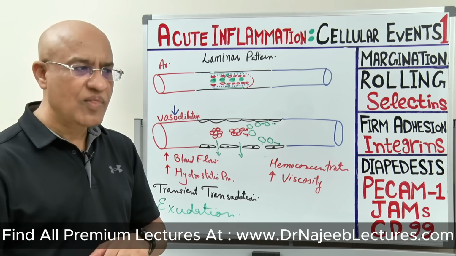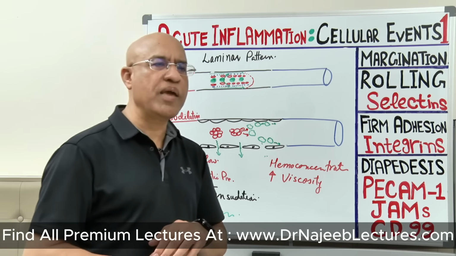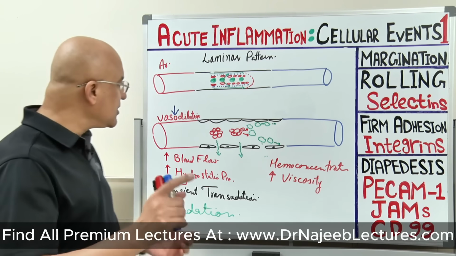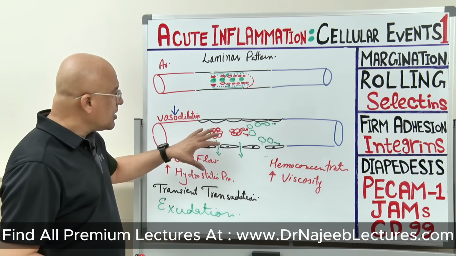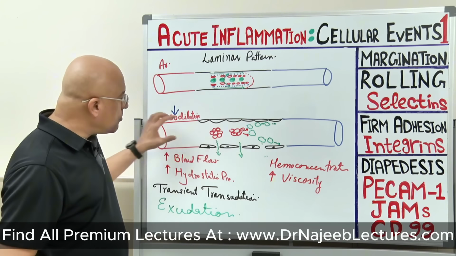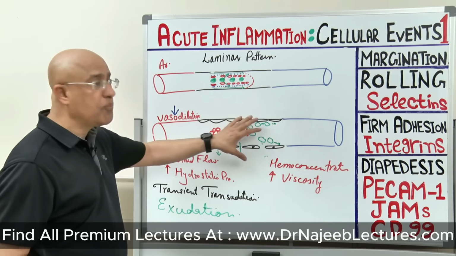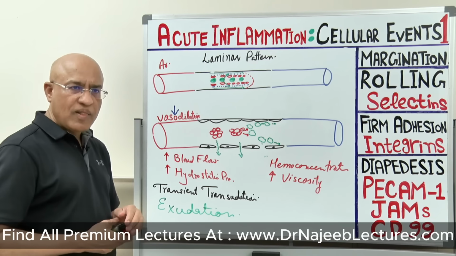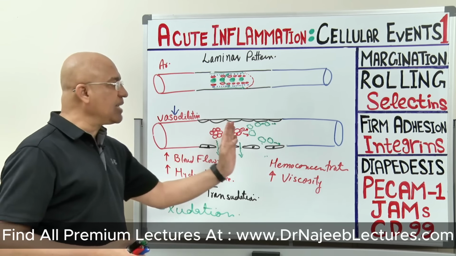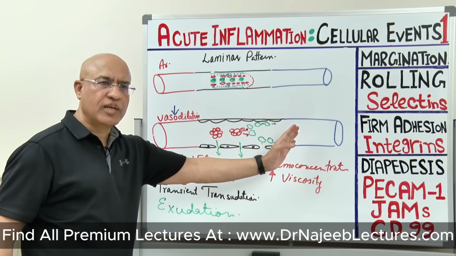And then what happens? We will discuss next time. Here I want to make one more concept clear, that in this inflamed area, because of vasodilation, there is more blood present, right? And more blood is coming and less blood is leaving due to hemoconcentration and viscosity.